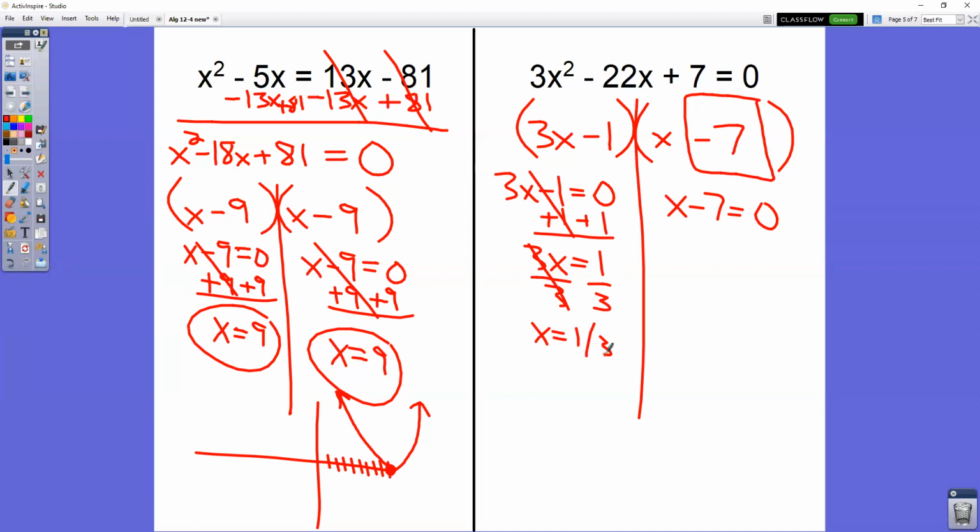We could leave that as 1/3, or you could rewrite it as 0.3 repeating. On the other side, we only have a one-step equation, so plus 7 plus 7. So x equals 7. Again, every question is slightly different, right? Every question is slightly different.